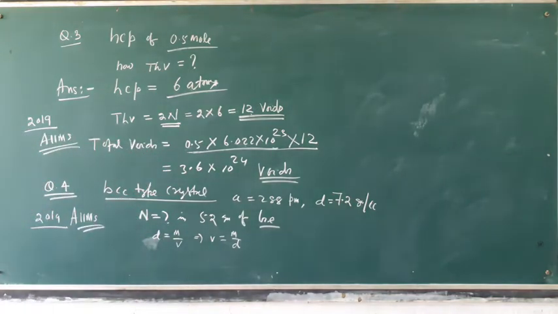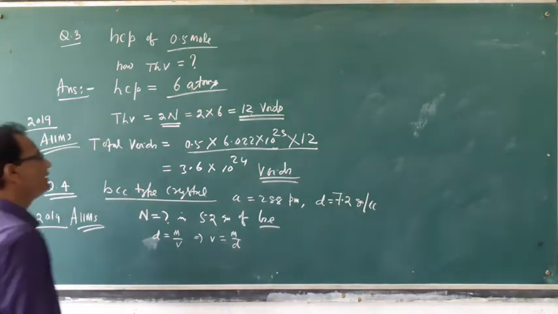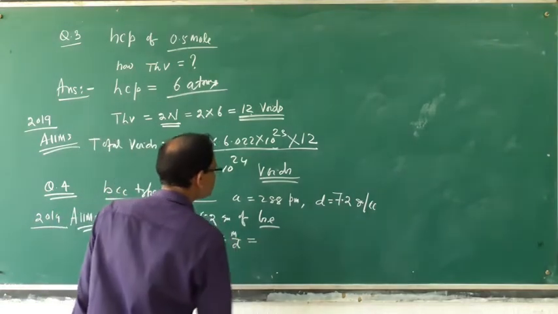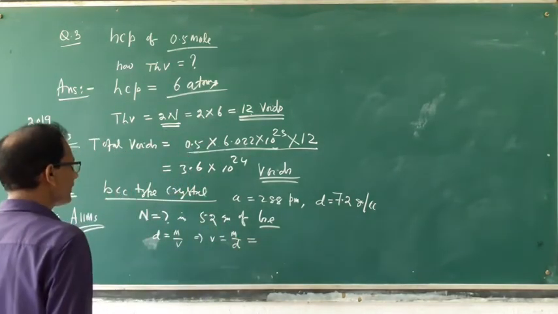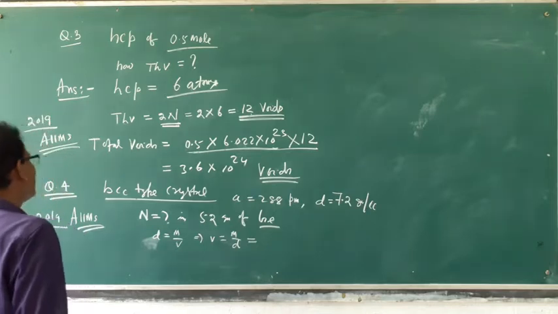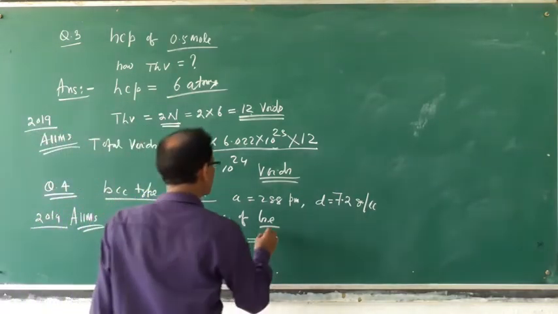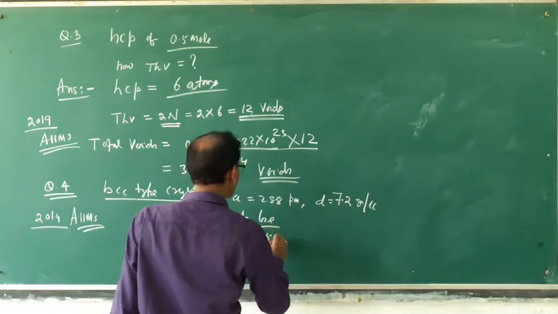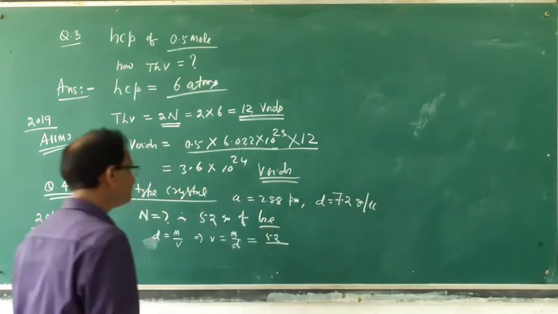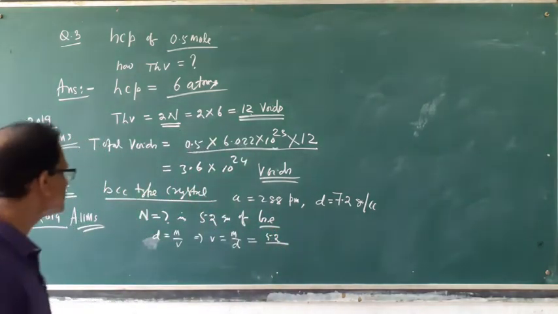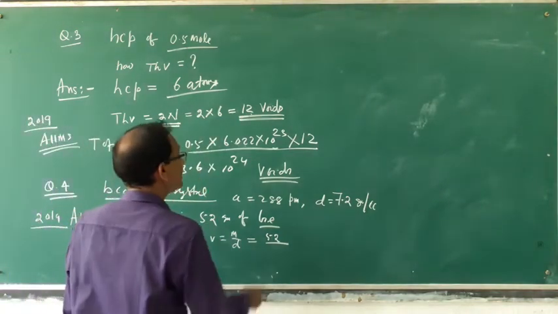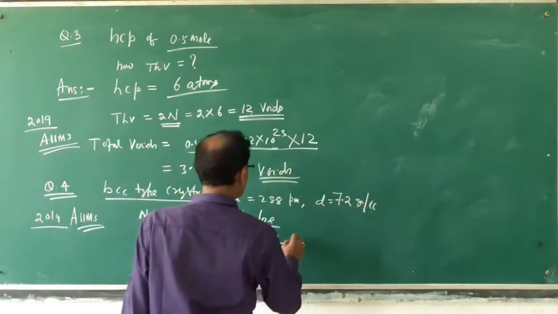As per the question, the mass is already given: 52 gram. And density is 7.2.